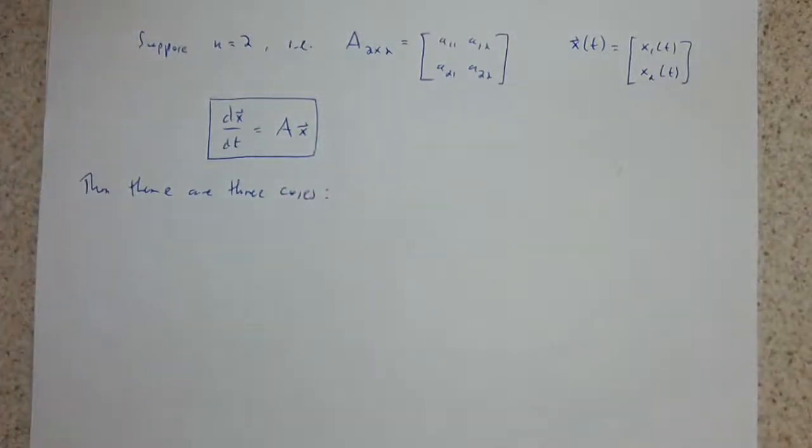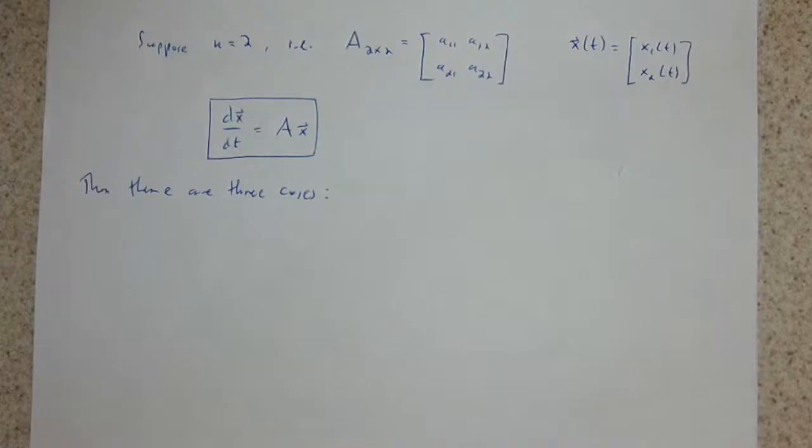To remind you where these three cases come from, they arise in the exact same way that three cases arose in the second order linear equation case, where the resulting characteristic polynomial for the second order equation was a quadratic, because the order is equal to the degree of the characteristic polynomial for the differential equation. And we know that for a quadratic, there are three cases for what kind of roots it has. You can have two distinct real roots, one real double root, or two complex roots in a conjugate pair.